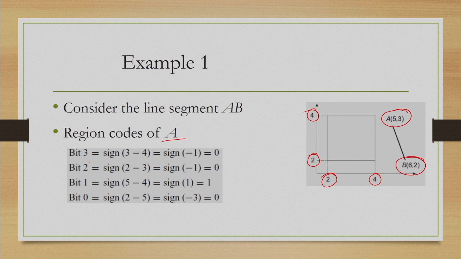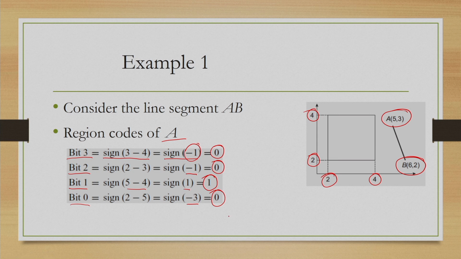let us try to do this. Let us start with bit 3. Here the corresponding expression is sign of 3 minus 4, which is sign of minus 1. Since it is a negative quantity, bit 3 will be 0. Similarly, bit 2 again is a negative quantity, so it will be 0. Bit 1, this is a positive quantity 1, so it will yield 1, and bit 0, which is again a negative quantity, and we are taking the sign of it, so it will result in 0.